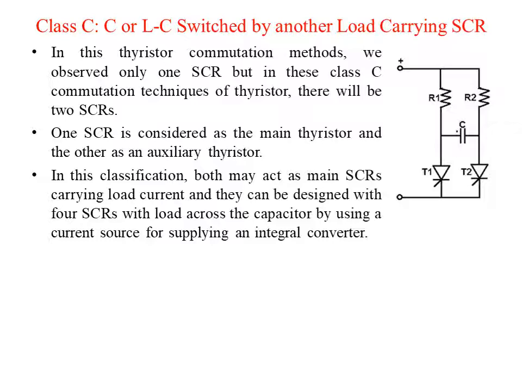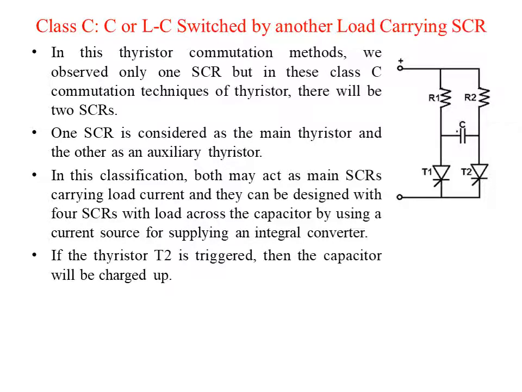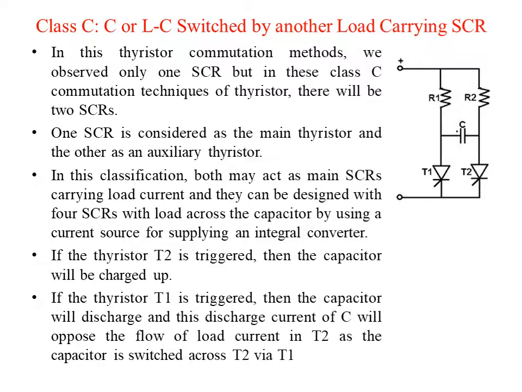So instead of 2 SCRs, we can also use 4 SCRs in class C. If thyristor T2 is triggered, then the capacitor will be charged up. If thyristor T1 is triggered, then the capacitor will discharge, and this discharge current of C will oppose the flow of load current in T2 as the capacitor is switched across T2 via T1. So when T2 is turned on, the capacitor gets charged, and when T1 is turned on, the capacitor gets discharged.